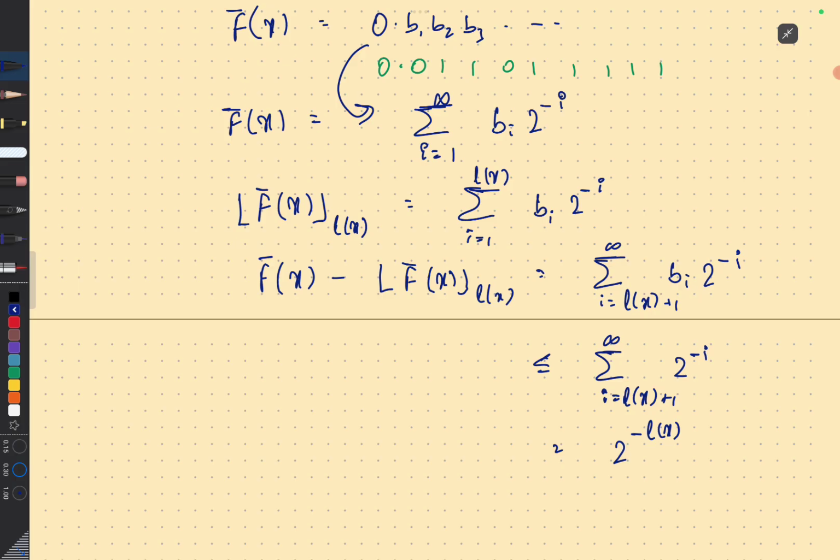Let's say that I take f bar and truncate f bar to L of x bits, which is the ceiling of log 1 over P of x plus 1 bits.